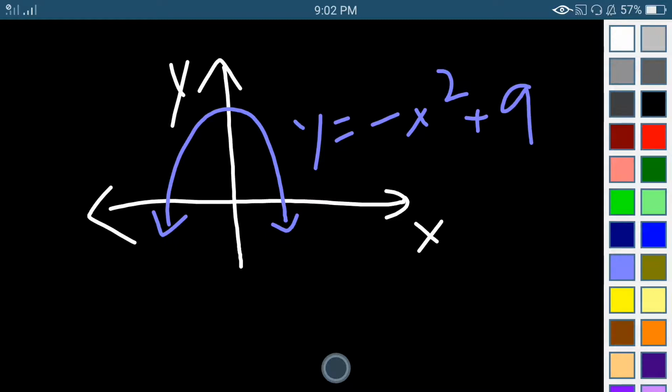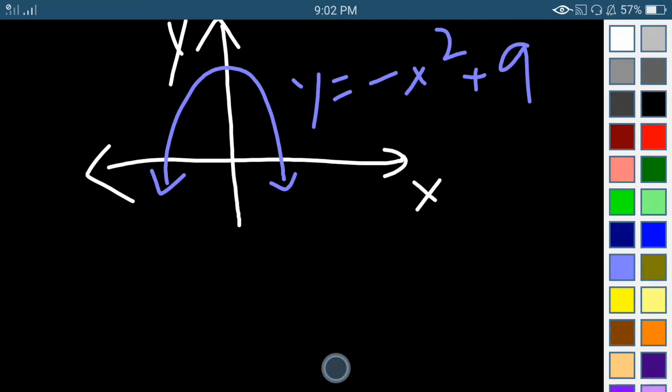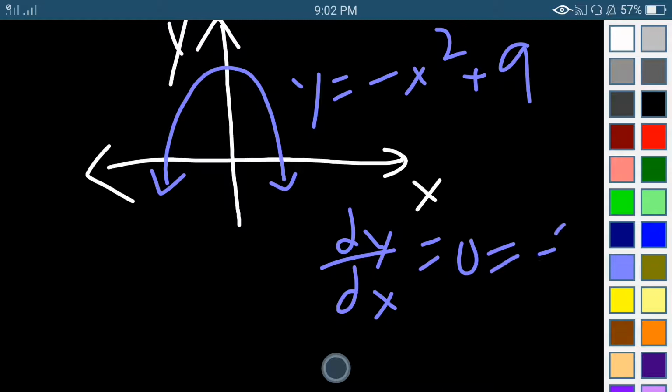Again, all we have to do is take the derivative, set it equal to 0: 0 equals negative 2x. So x is equal to 0, and y is equal to 9.